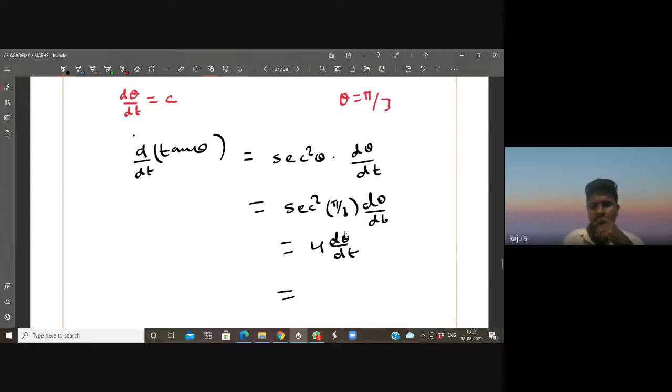What is the relation here? For example, if I write 8 times 1 by 2 into d theta by dt.